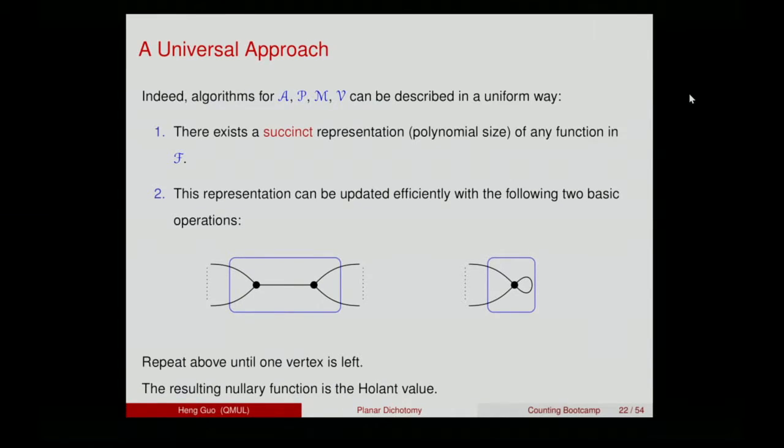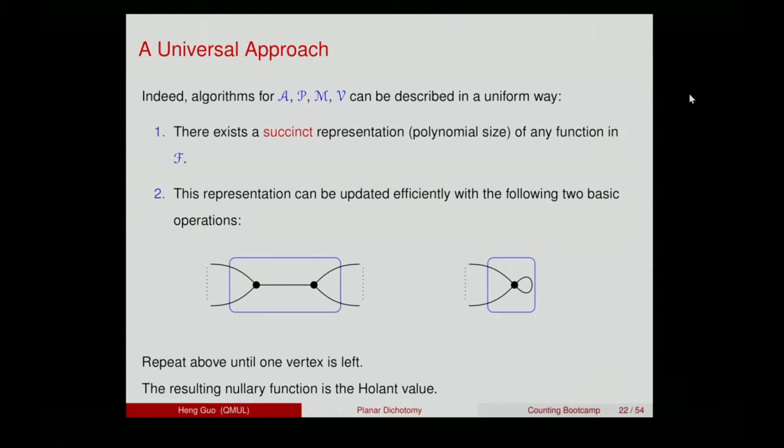But due to matchgate theory, due to the matchgate identities, we can verify that these moves will maintain the matchgate identity. Therefore, it can be understood in this way. This is sort of an alternative proof for the Cai-Lu-Xia algorithm. This is actually due to a new proof by Mingji Xia. Okay.